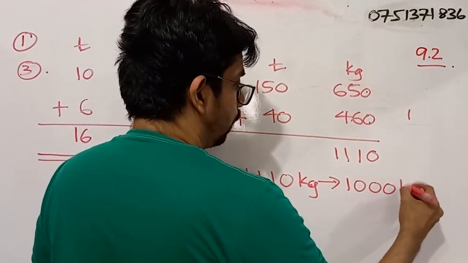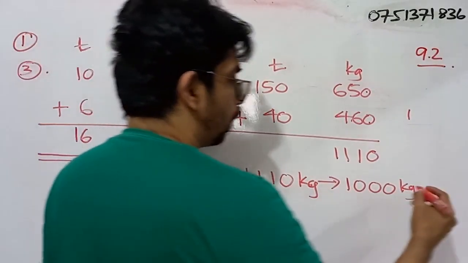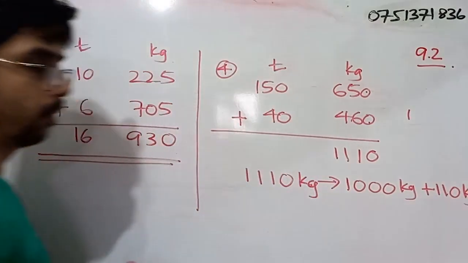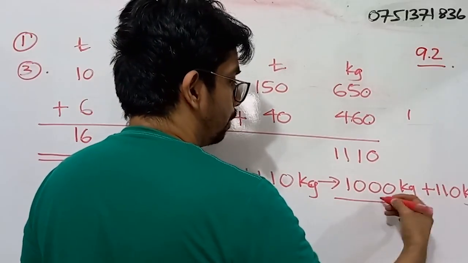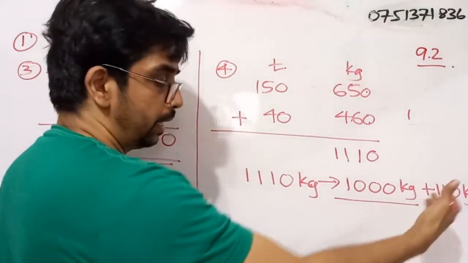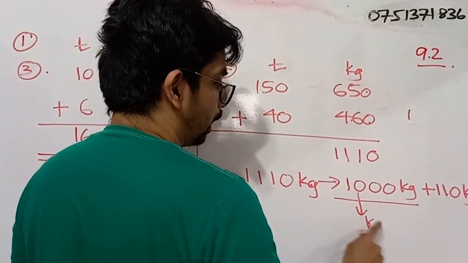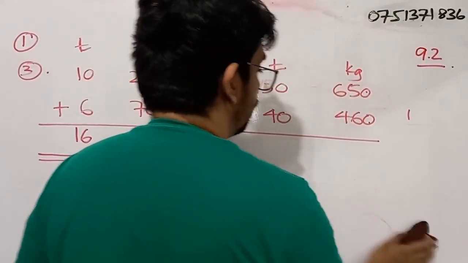We break 1110 into 1000 kilograms and 110 kilograms. So 1000 kilograms, what is that? These two are kilograms. 1000 kilograms, we break this into what? A ton. Then what is the actual number that we can write here under the kilograms column?